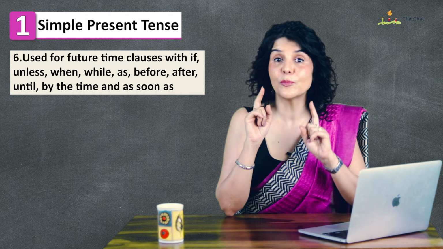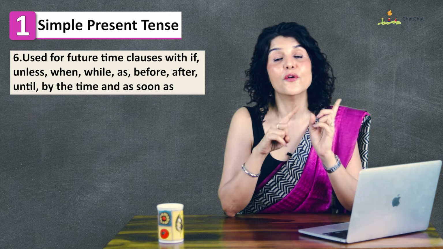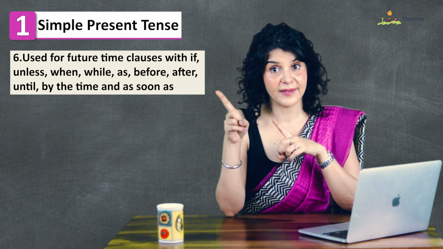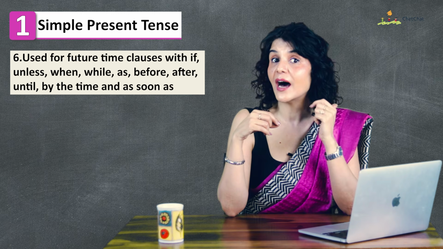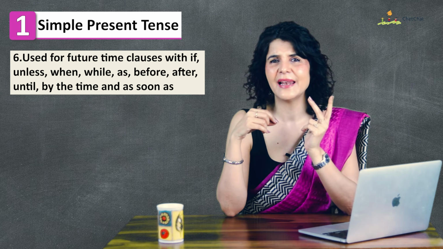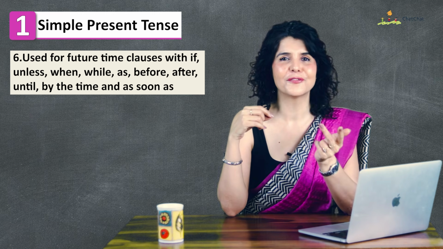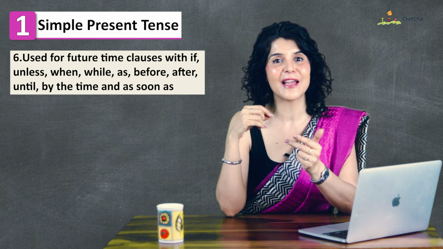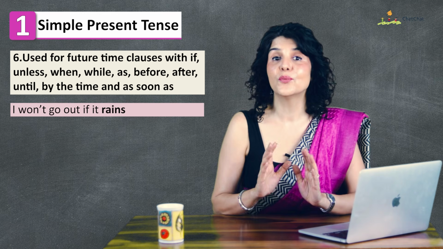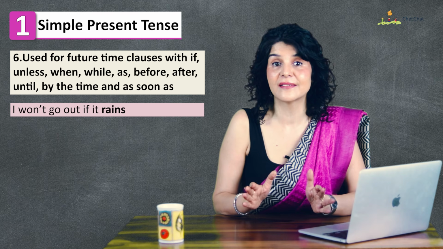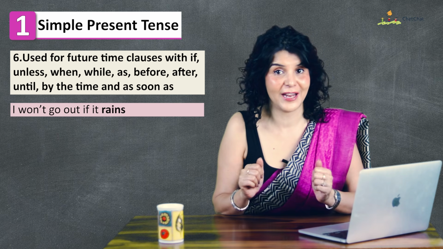Use number 6, simple present tense, is also used for future time clauses which have if, unless, when, while, as, before, after, until, by the time, and as soon as. I won't go out if it rains, not if it will rain.